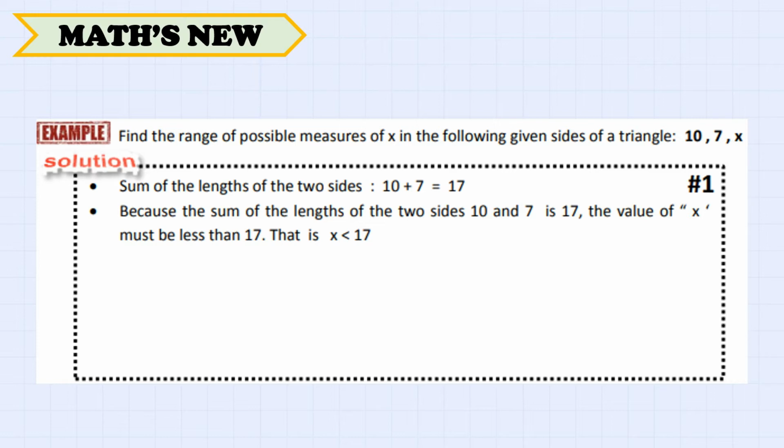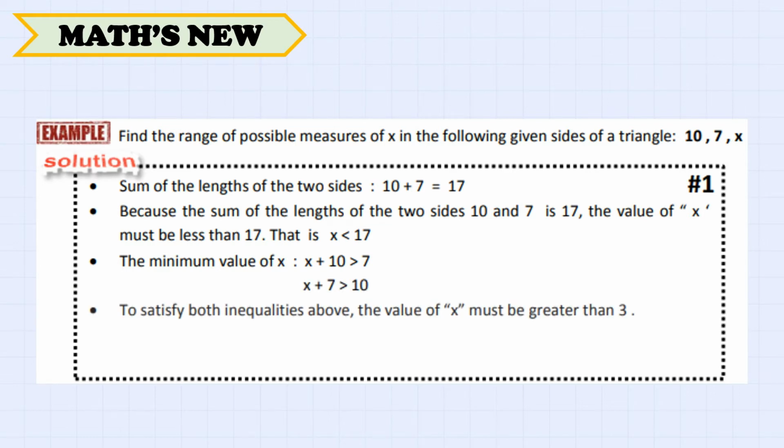So that is x is less than 17. And for the minimum value of x, it should be x plus 10 is greater than 7, and x plus 7 is greater than 10. To satisfy both inequalities above, the value of x must be greater than 3.